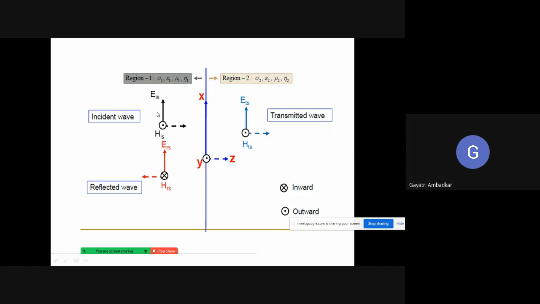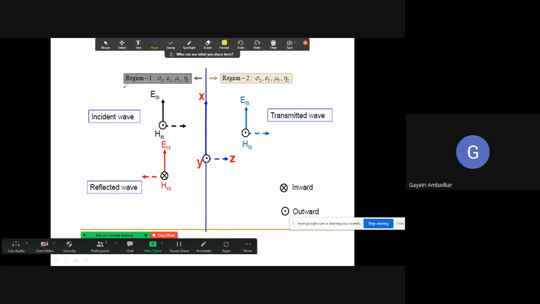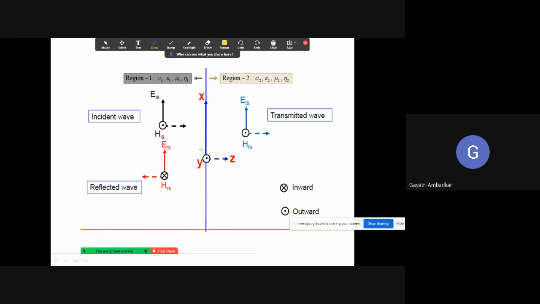Now we will denote here EIS as the incident electric field, and it is in this direction, the X direction. This is your X axis. This is the direction of propagation, the Z axis, and one which is perpendicular to this, you can imagine that it is coming outward at your end.